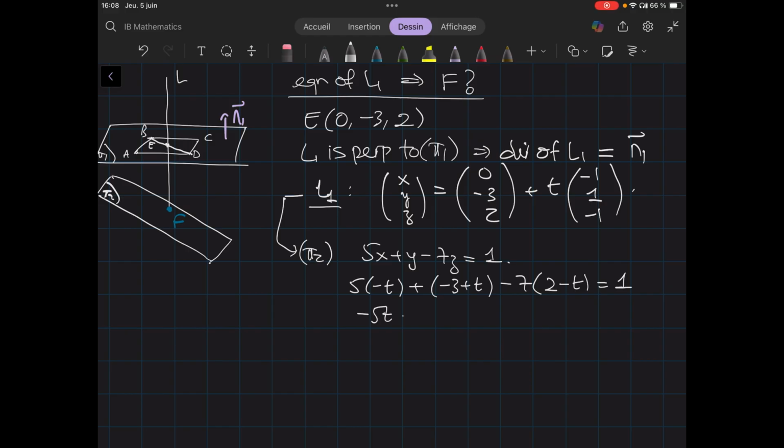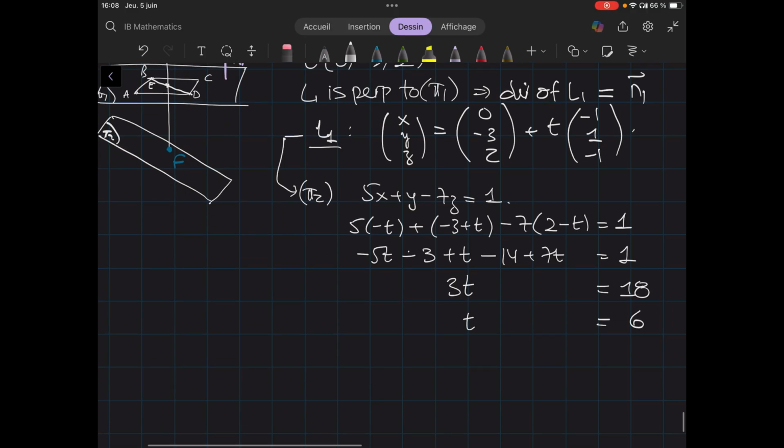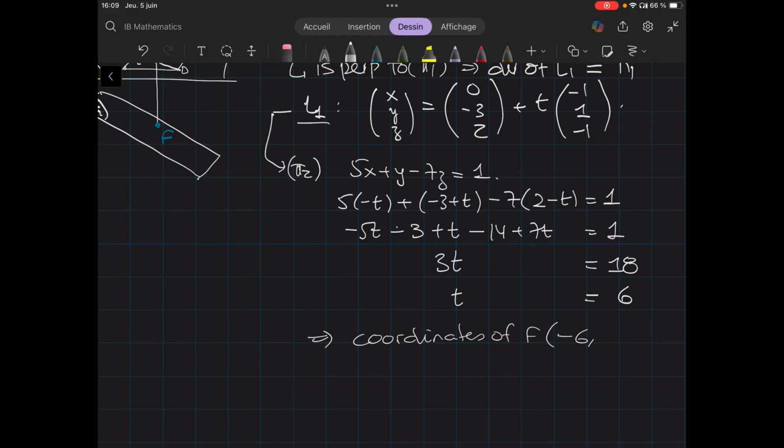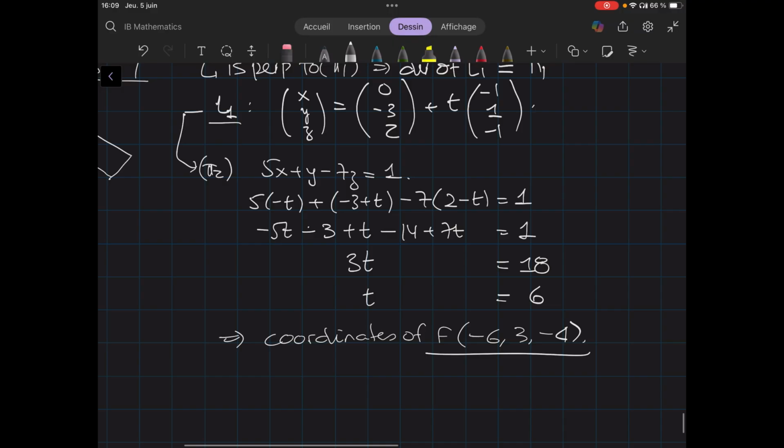Solving this linear equation should take you about 5 seconds. On the right hand side, we should get 18, t is equal to 6. Therefore, the coordinates of F is -6, -3 plus 6, 2 minus 6, or -6, 3, and -4.